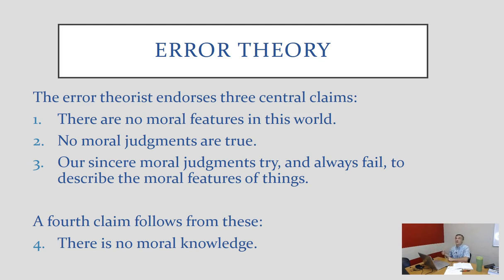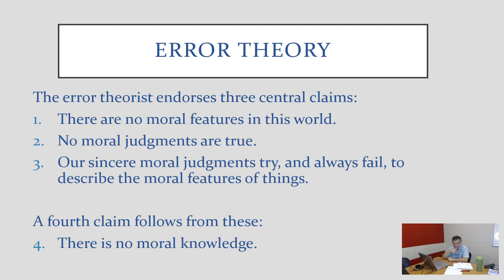There's nothing that is being intended or described in the world objectively when we make a moral judgment. So it can't be true because there is nothing for it to be true of.